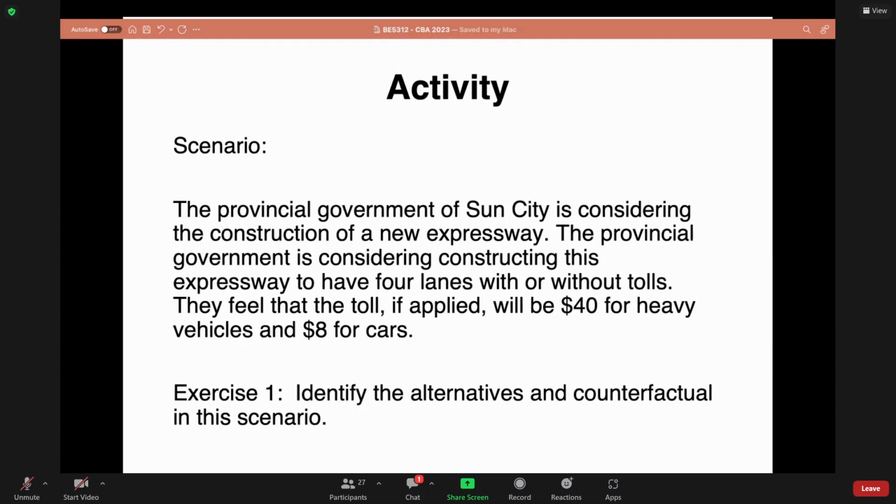So the different project alternatives you might consider when you're doing your analysis are an expressway with tolls, or an expressway without tolls. And you can consider the costs and benefits in each of those scenarios. When you're calculating costs, it will be against the counterfactual, that is the without project scenario, so without the expressway scenario.